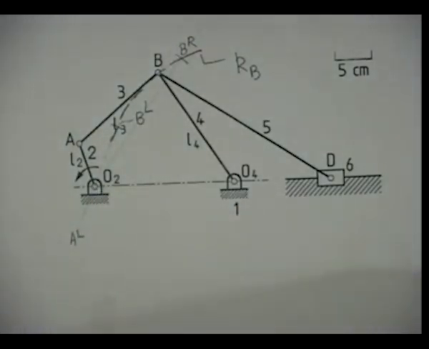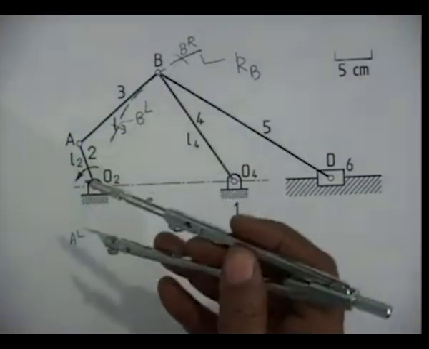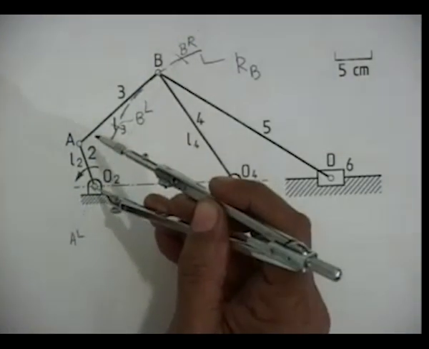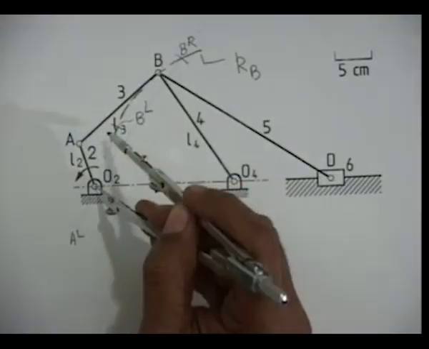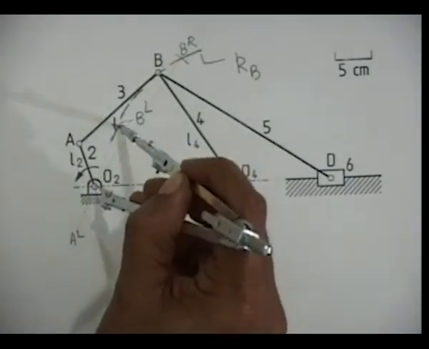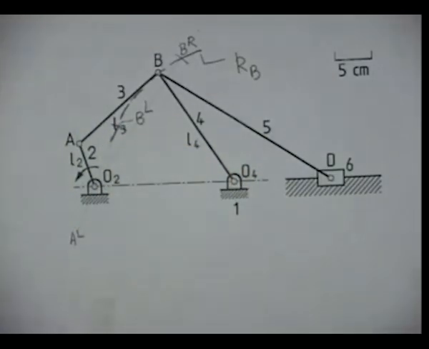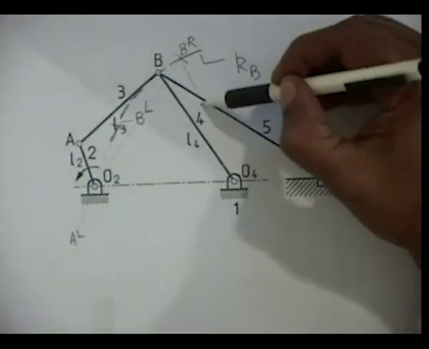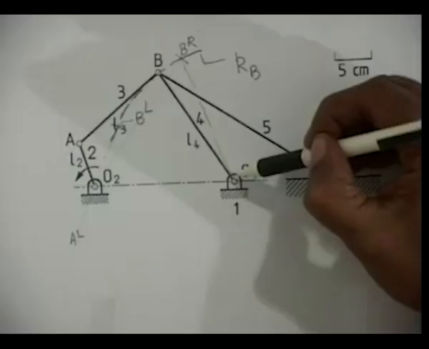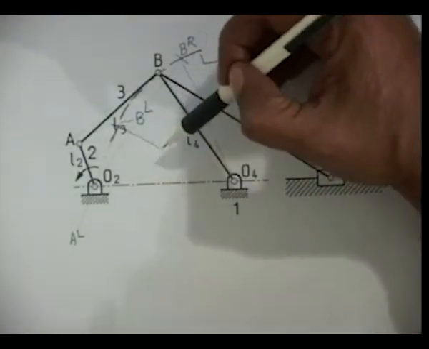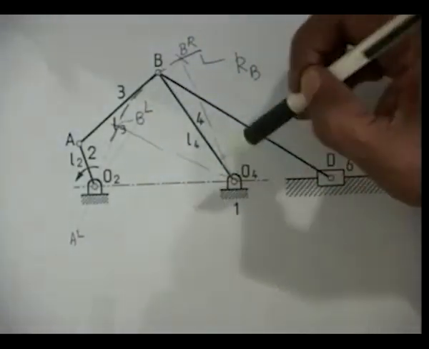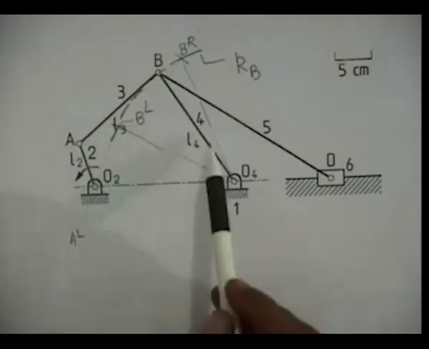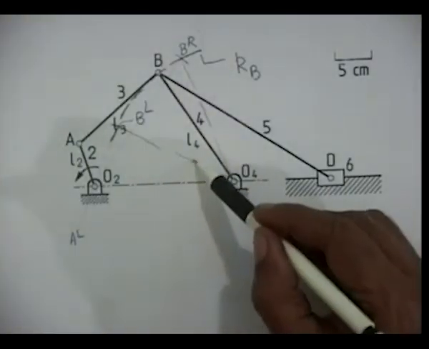So I take the difference of AB and O2A and take that from O2 and mark it on KB. So the link 4 oscillates from O4BR to O4BL. So this is a crank rocker mechanism, and this is the rocking movement of link 4.